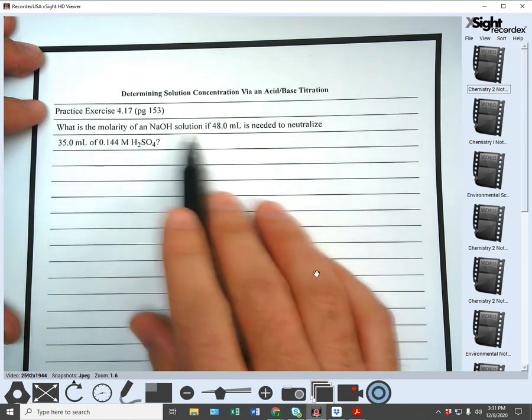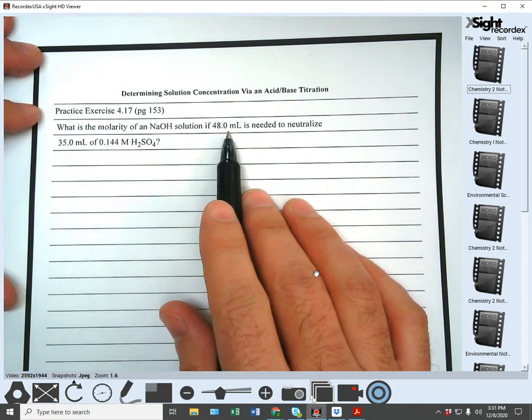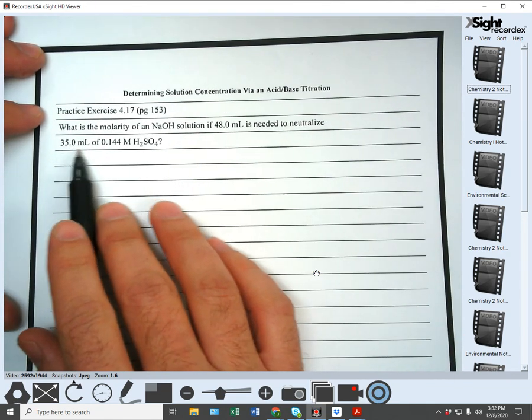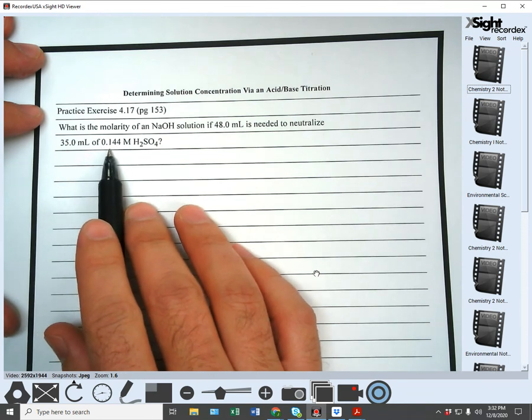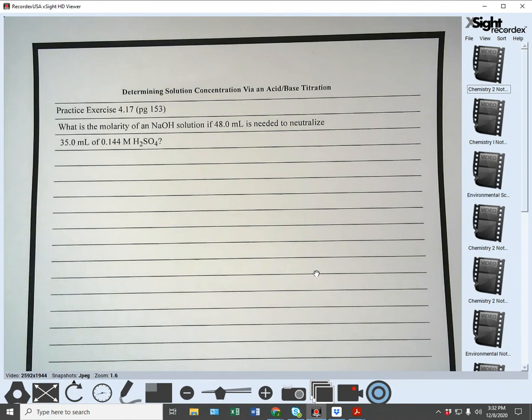What is the molarity of an NaOH solution if 48.0 milliliters is needed to neutralize 35.0 milliliters of 0.144 molar H2SO4? All right.